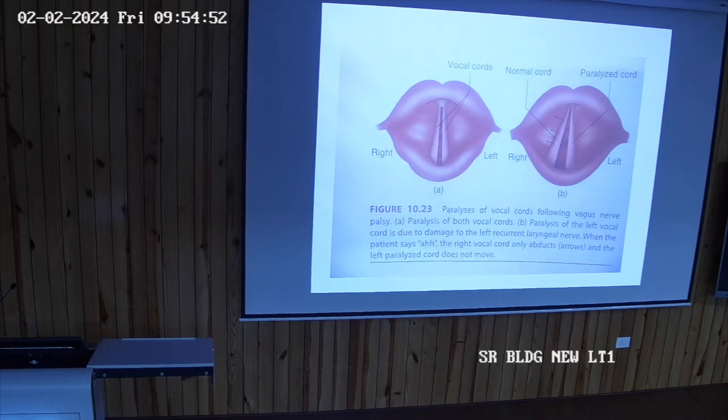That we will talk about again, don't worry. At present, just understand that when the recurrent laryngeal nerve plus the external laryngeal nerve are both paralyzed, it will result in cadaveric vocal cords. The person can't speak. That we will talk about again.